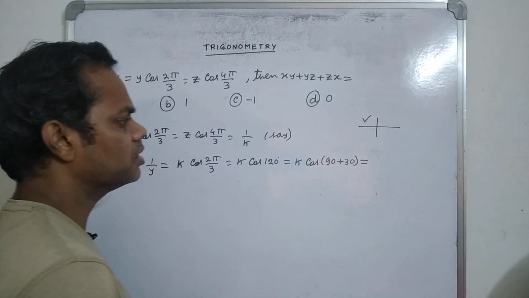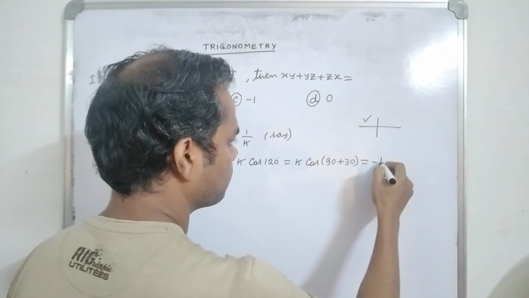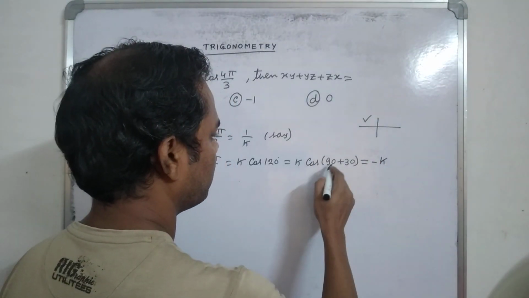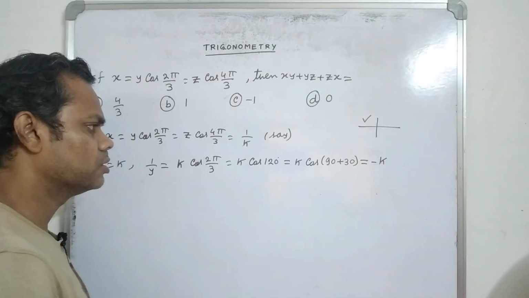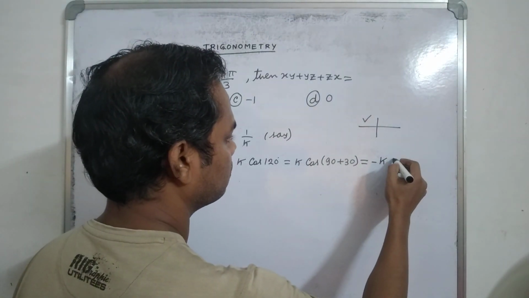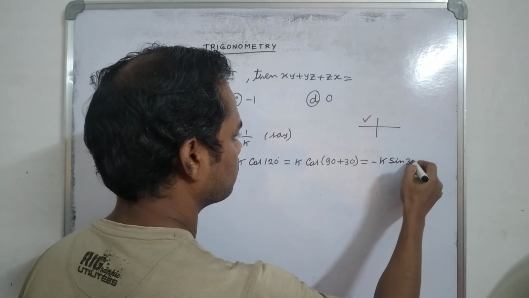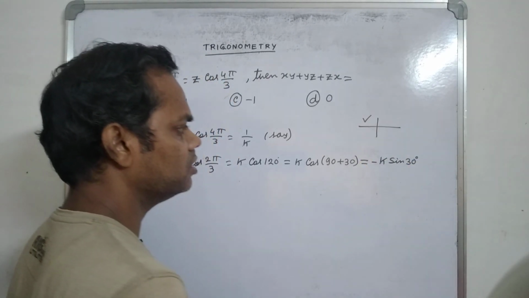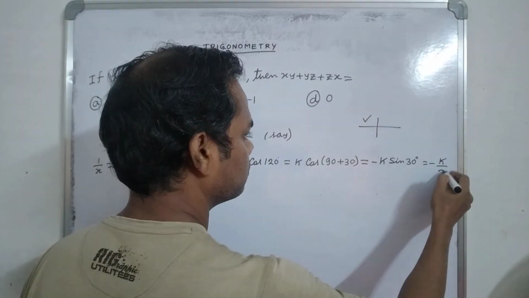In the second quadrant, cos is negative, so there is a negative sign. 90 into 1, that is an odd multiple of 90, so cos changes to its complement. The complement of cos is sine, so it becomes sine 30. Sine 30 is half, so minus k by 2.